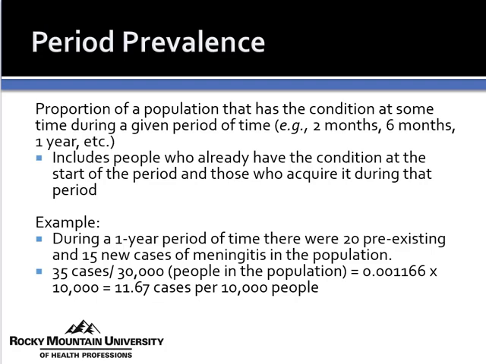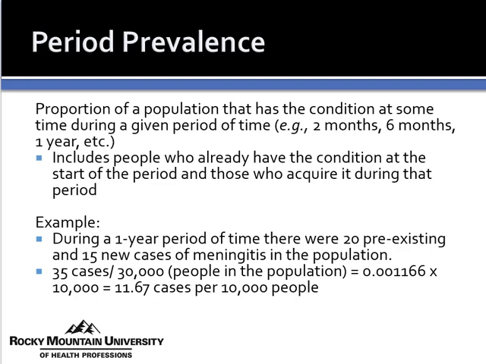There's also period prevalence. With period prevalence, this is kind of like an in-betweener between point prevalence and incidence. I know I haven't talked about incidence yet. You'll see what I mean in just a bit. What period prevalence does is it accounts for everybody who developed the condition over a period of time and all of the people who had the condition at the start of the surveillance period.